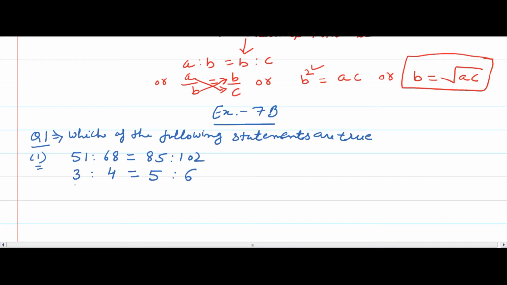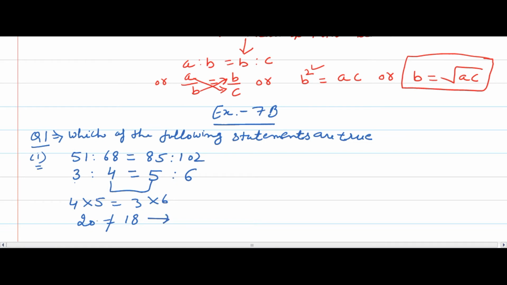So let's check the product of means: 4 into 5 equal to 3 into 6. So this has become 20 equal to 18. Is it equal or not? This is not equal.